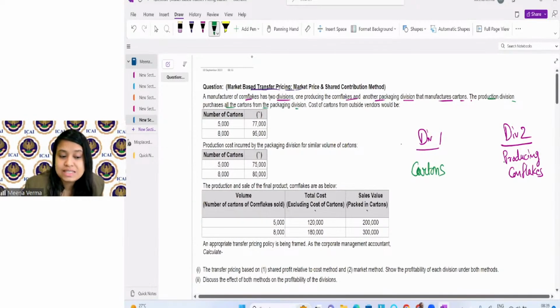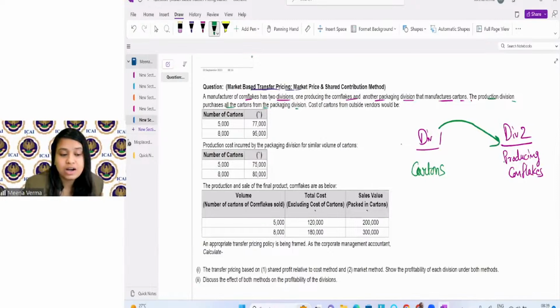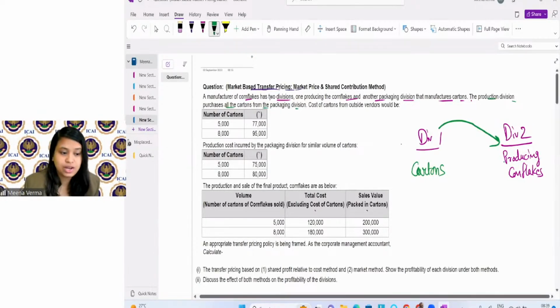So the cornflakes production division buys the cartons from the packaging division, right? They're buying from here. Read the question carefully. Draw the diagram the way I am drawing here. Always try to make a diagram. This will help you to understand the question.